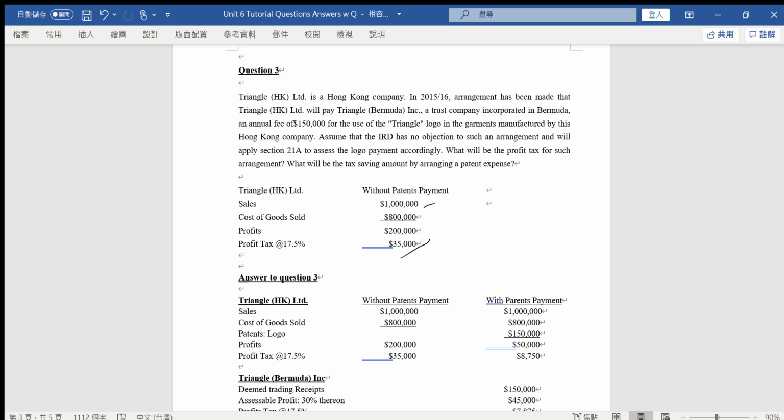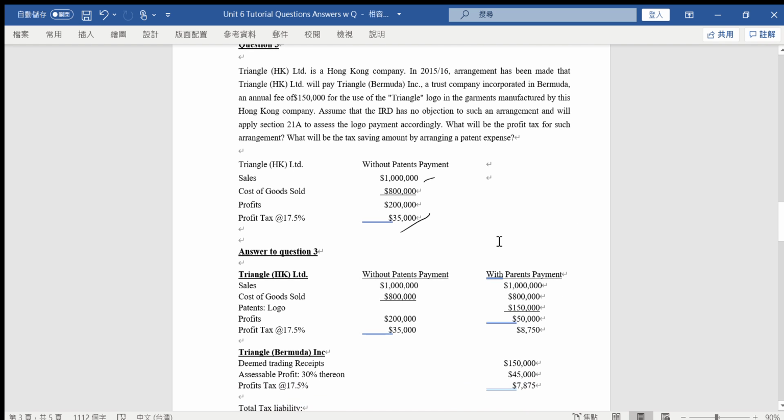Now assume that they have this arrangement and it is also accepted by the Inland Revenue Department. What will be the outcome? Now we'll work on the result. If there is such an arrangement, first of all, the amount of the sales and the cost of goods sold are similar, and one more expense is the payment for the use of the logo, 150,000. Finally, the profit amount is just 50,000.